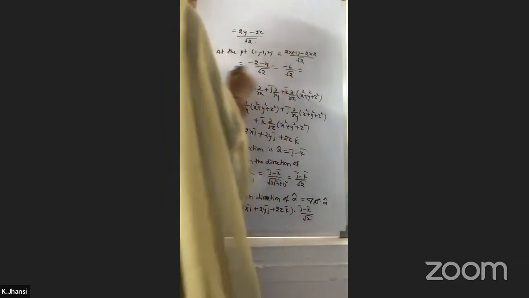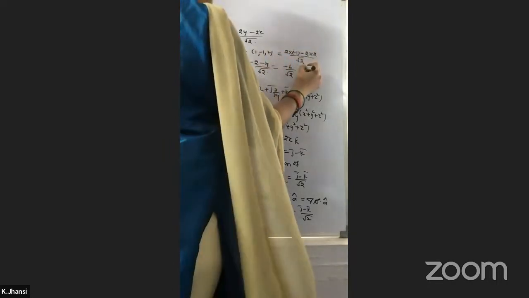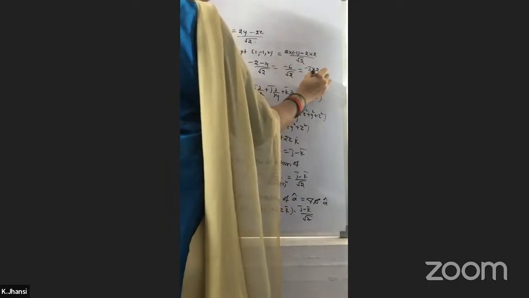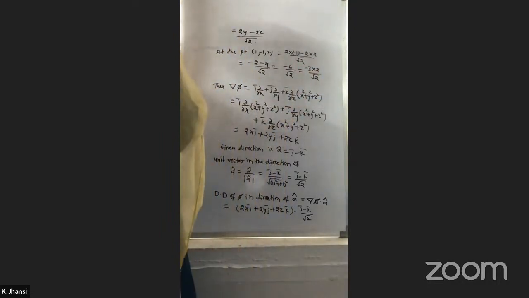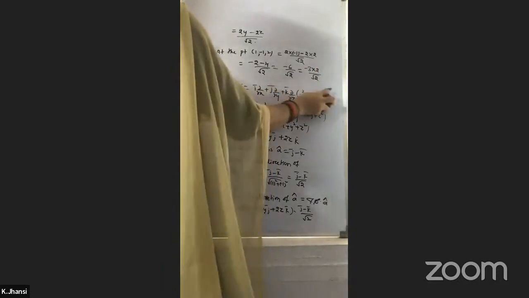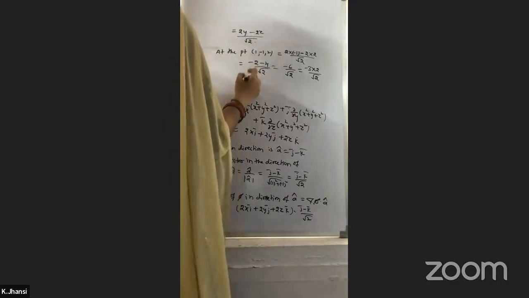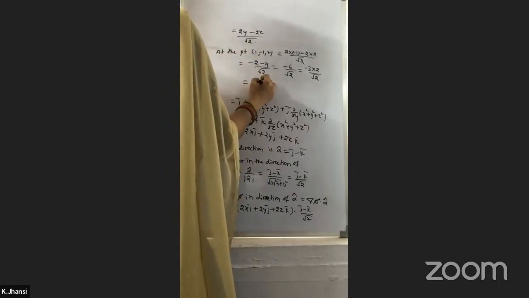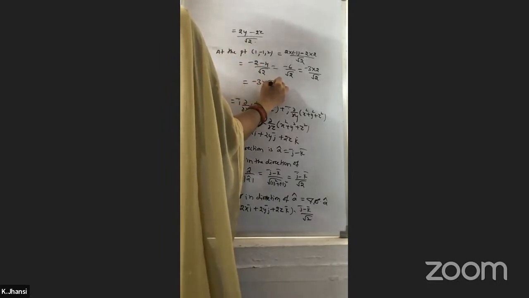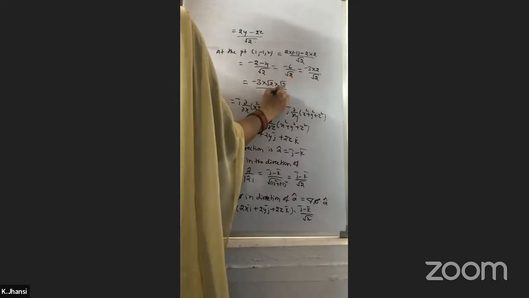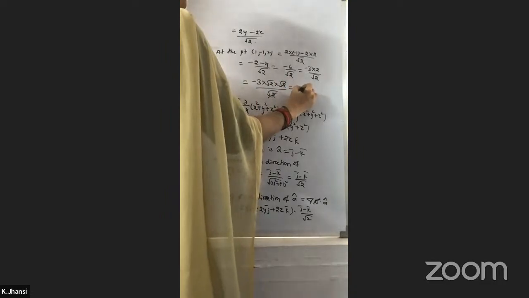So 6 you can write as minus 3 into 2 by root 2, and you can write the 2 as root 2 into root 2, by root 2. So root 2 will get cancelled. So the answer is 3 into.